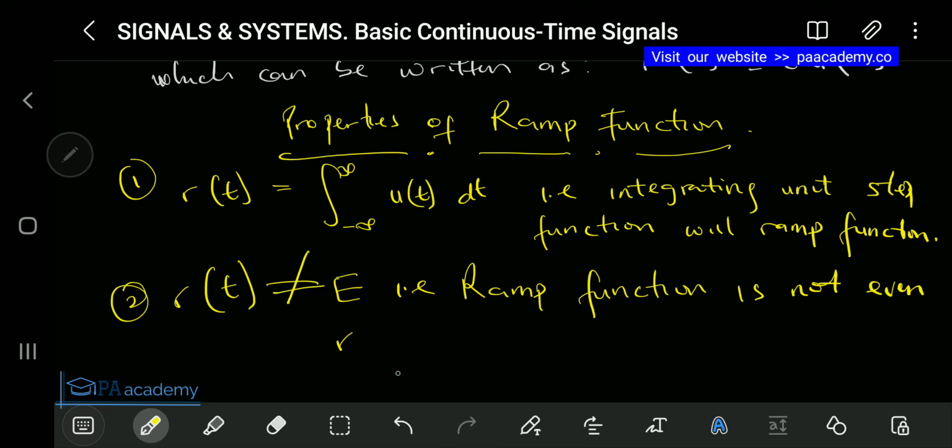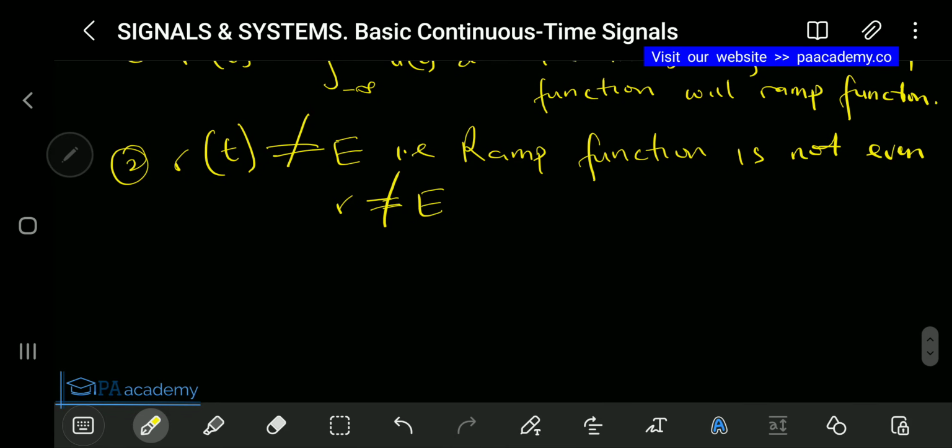The even we are talking about is the even signal. We've talked about even and odd signals in a previous video in this lecture series. If you missed that, you can check the playlist on signals and systems, and you'll find the link to those videos. So you can also write this as r is not equal to r even.